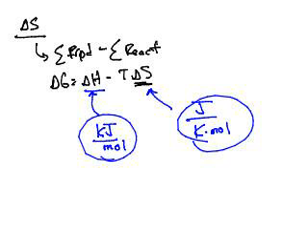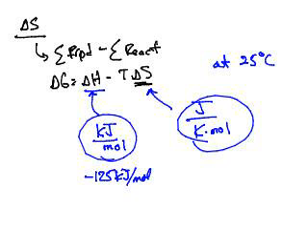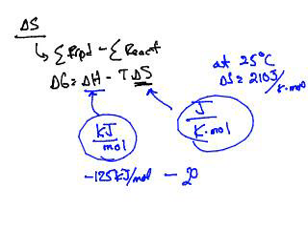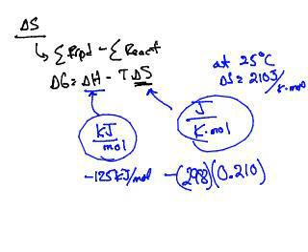So usually this is going to be like, if I find my delta H, let's just pick a number, I find it's negative 125 kilojoules per mole. And let's say we're going to do an experiment at 25 degrees C, and I find delta S to be 210 joules per Kelvin mole. I'm going to subtract what? Yeah, I got to convert T to Kelvin, so that's 298 times 0.210, right?